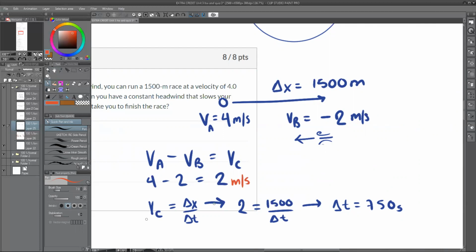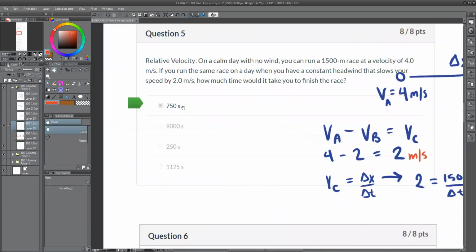In order to solve for delta t, you know delta x, the distance of the race, and you also know your total velocity. So when you plug it in, you can solve for delta t, and that's just 750 s. That's pretty easy.